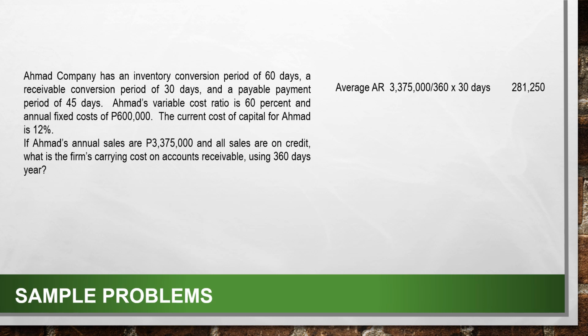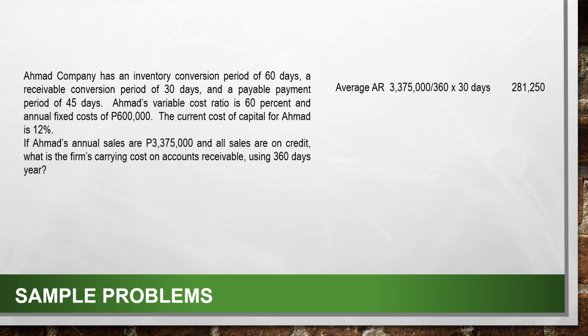So we have here a very specific period for the year, and that is 360 days. So we get the turnover. 3,375,000 divided by 360 days times 30 days. Okay?